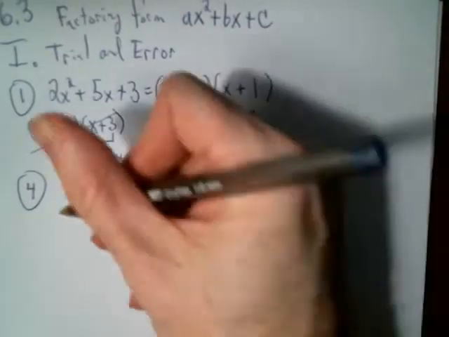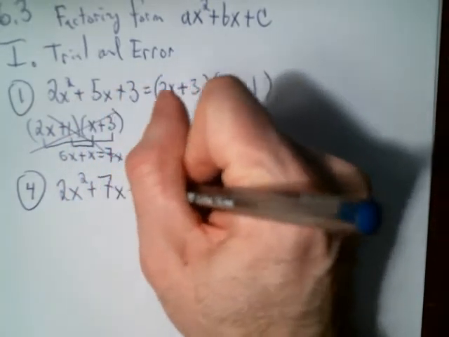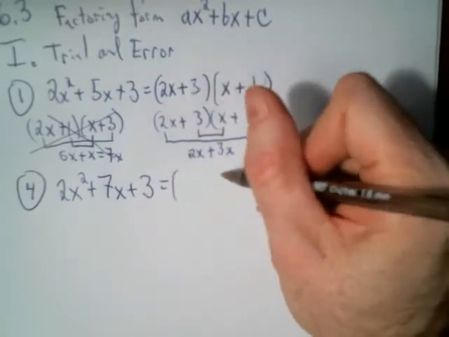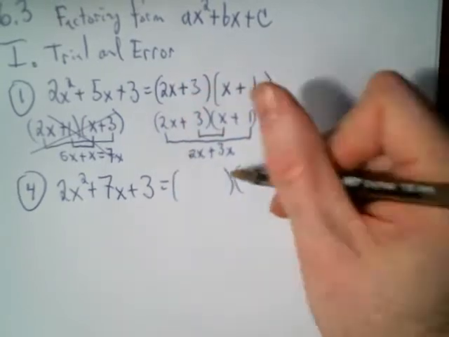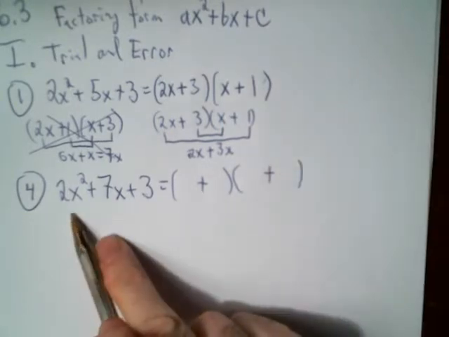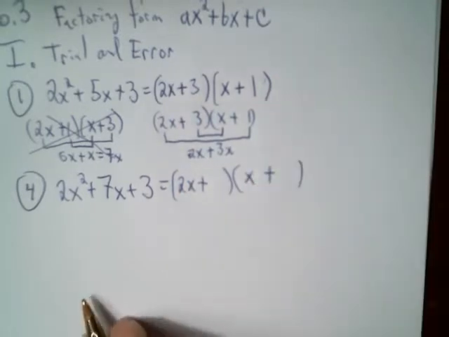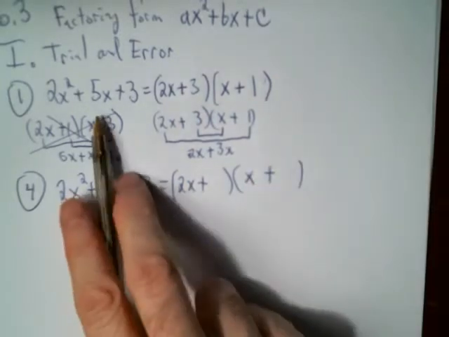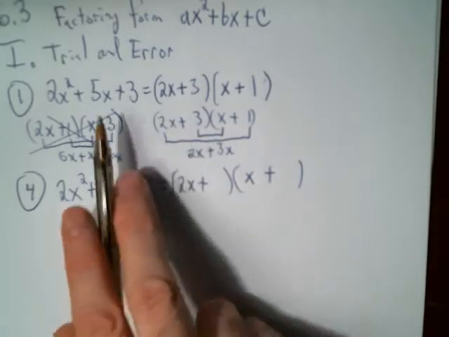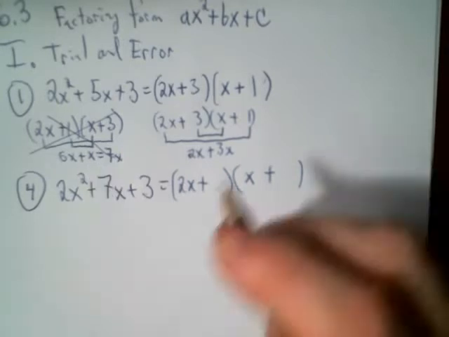So number 4, we have 2x squared plus 7x plus 3. The signs have to be plus plus. And again, we need 2x and x for the first term to work. This is the other variation. There was one factorization that gave us a 5x in the middle. This is the one we want this time, so we want the 7x.